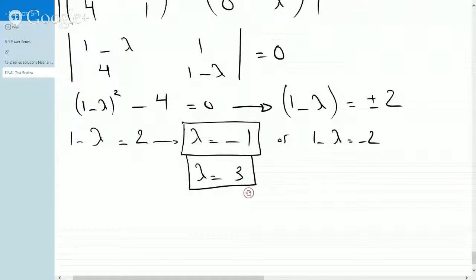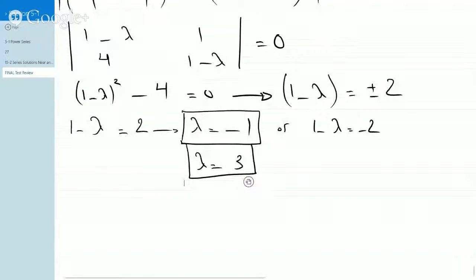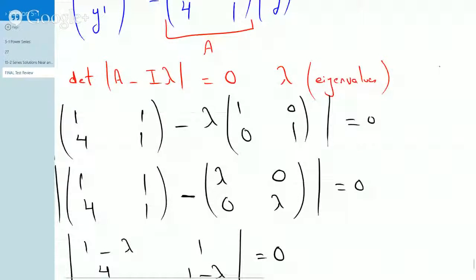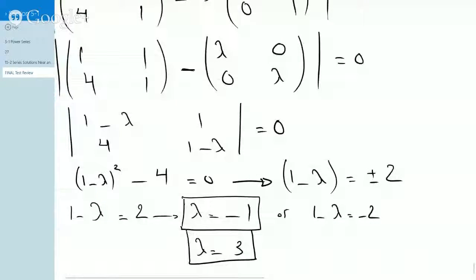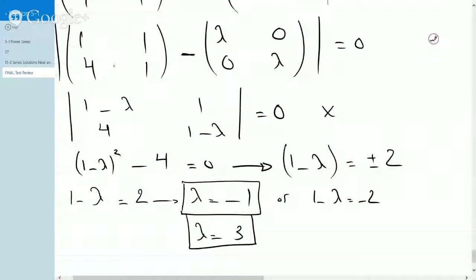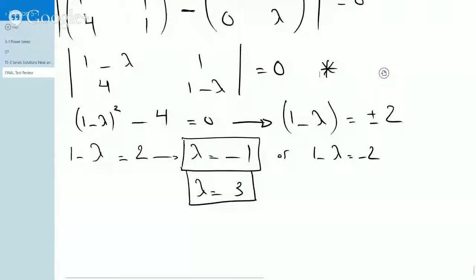And now we're going to go after the eigenvectors. So you're going to take your eigenvalues and plug them into the matrix that you got here from the determinant of A minus I lambda. Plug it back into this. So let's start with lambda equal minus 1.